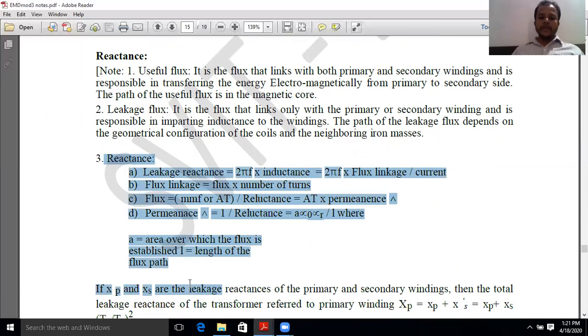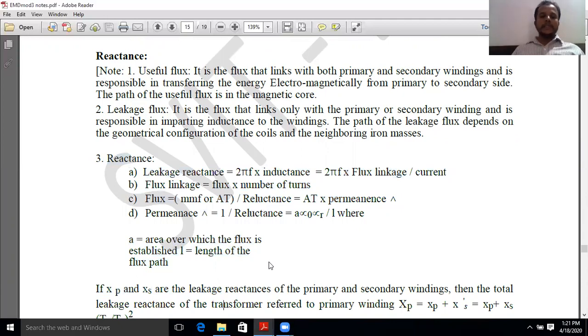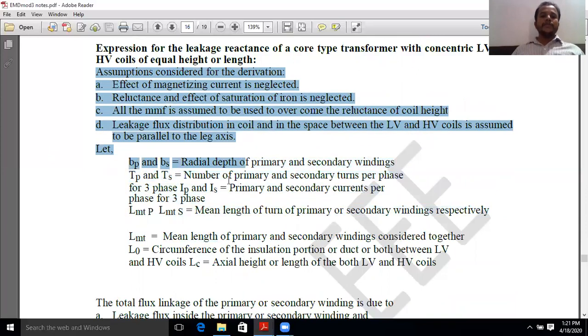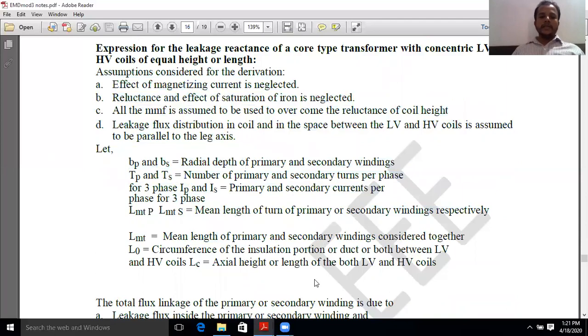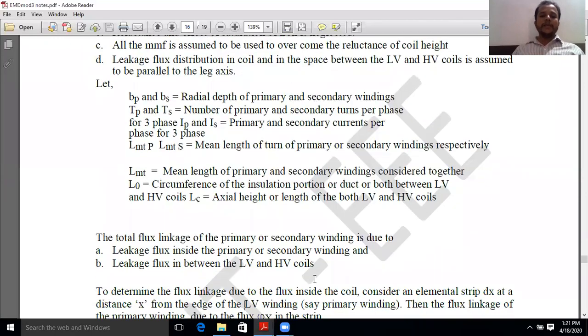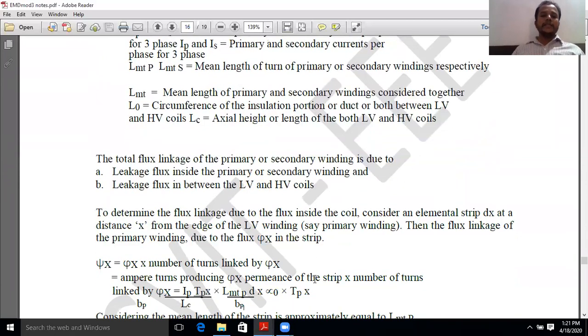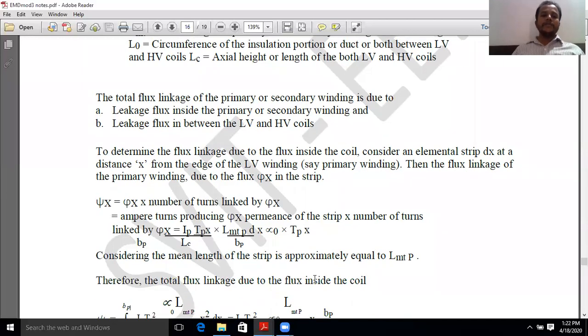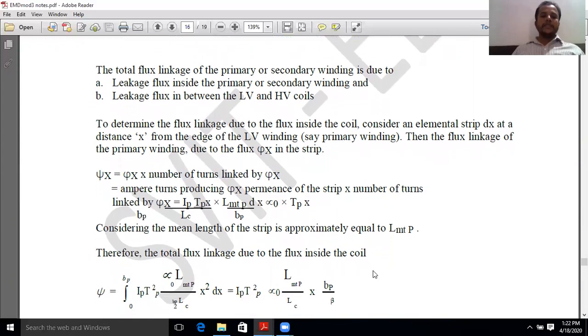So now we have stated these points, and then we have assumed these particular points. Then we have calculated the total flux linkage of the primary and the secondary, and this is due to the leakage flux inside the primary or secondary winding and leakage flux in between the LV and HV coils.